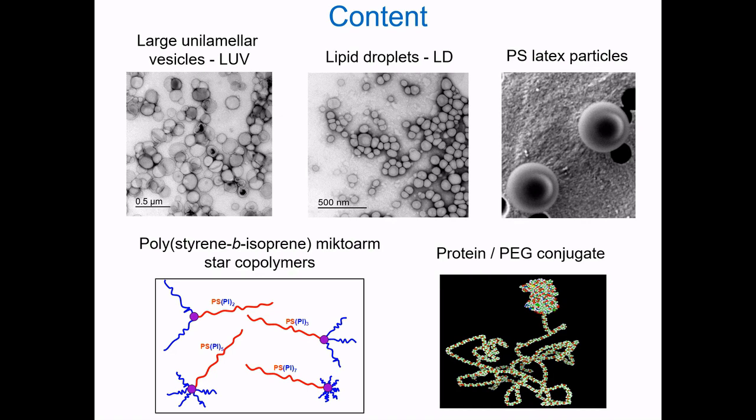The second part of my presentation deals with identification and quantification of side products formed during the synthesis of polystyrene block isoprene Miktoarm star copolymers and conjugates of protein and polyethylene glycol. In the latter case, we studied also conjugate aggregation in two different buffer solutions.